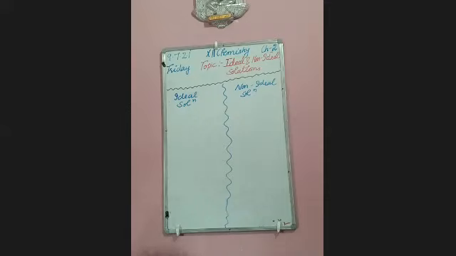After mixing, there will be no change in volume. For example, I am taking 50 cubic centimeter of benzene in 50 cubic centimeter of toluene. Then your resultant solution will be exactly 100 cubic centimeter, not less, not more. So delta V mixing will be 0 in case of ideal solution, and there will be no heat change. Delta H should be 0.